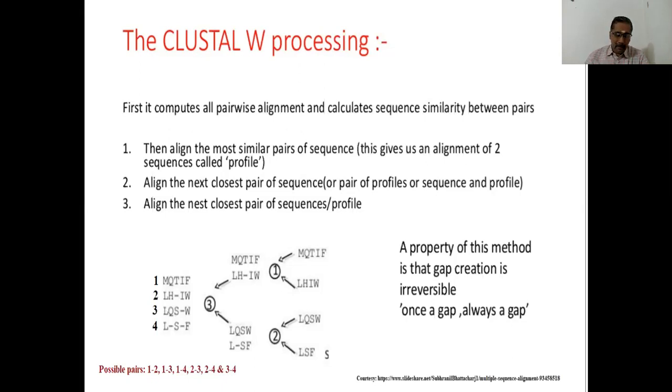So in that case, the third sequence or the third species, you see, by incorporating just one gap, you can add to the existing 1 and 2. So the wisest decision is progressively I have to add sequence number 3 to the existing pair 1 and 2, not sequence 4. I should not add sequence 4 to 1 and 2, right?